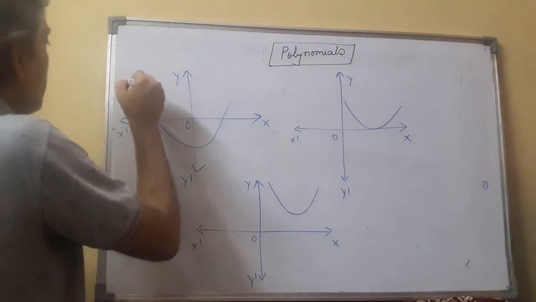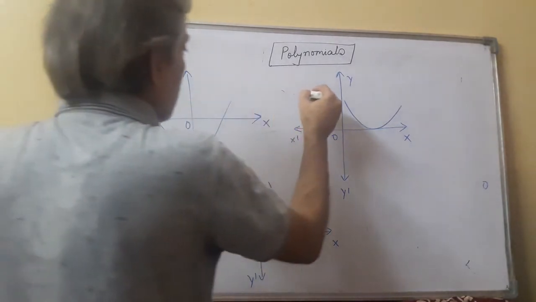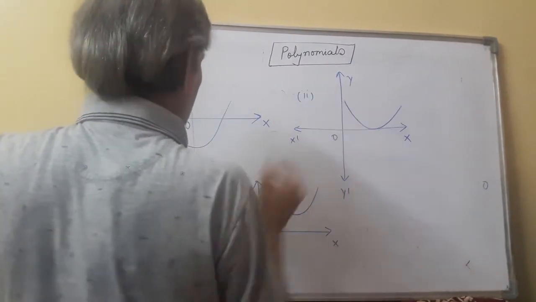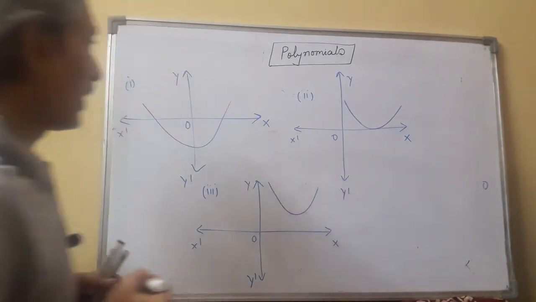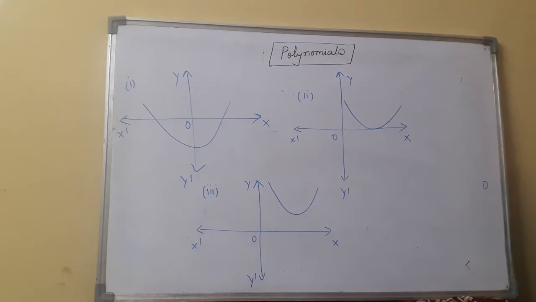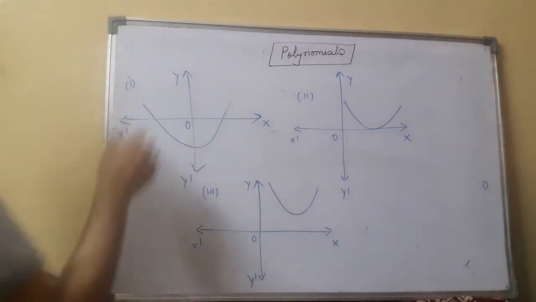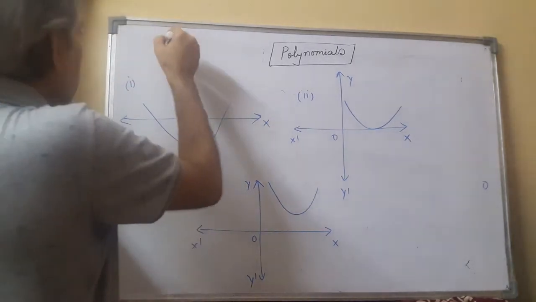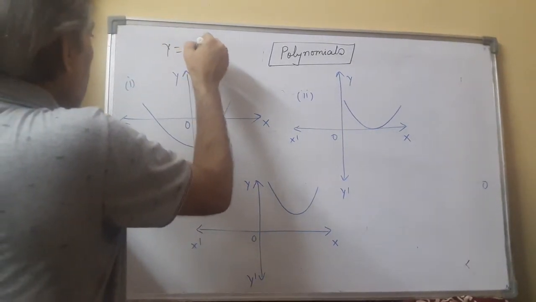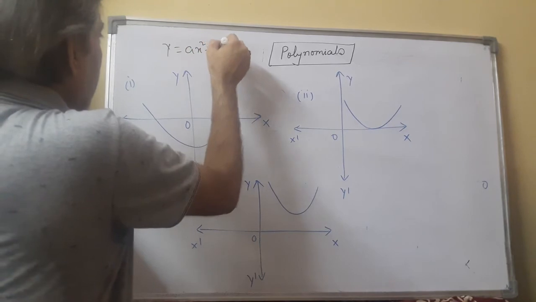So this is first, second, this is third. Now look, I have drawn three graphs. By looking at these graphs, we know that these are quadratic, of the form y equals ax square plus bx plus c.